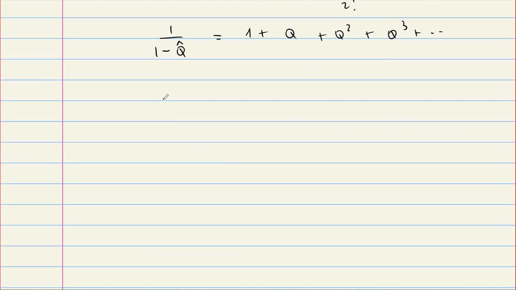And if you have, I don't know, log of 1 plus Q, this is going to be Q minus a half Q squared plus a third Q cubed and so on.